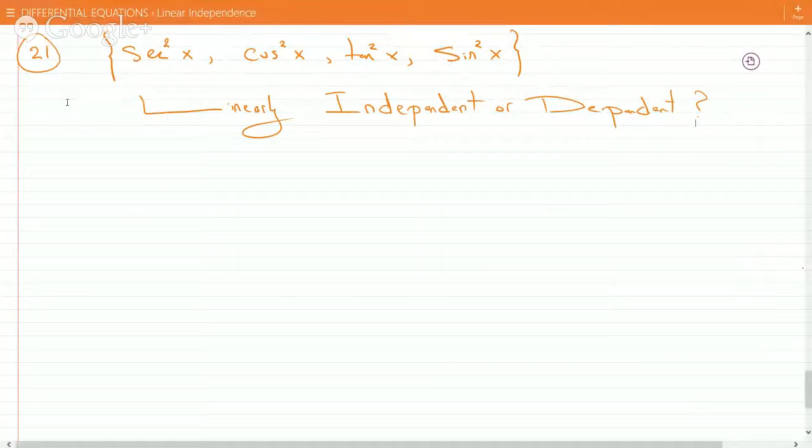Okay, so here's the situation. This is secant squared, cosine squared, tan squared, and sine squared, right?